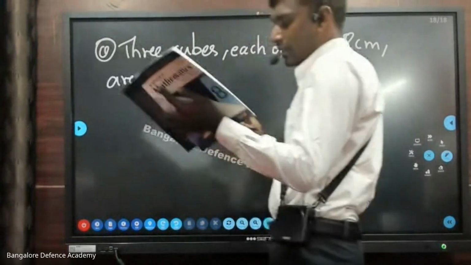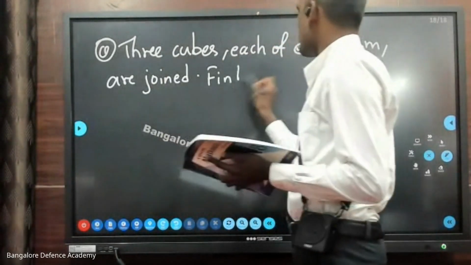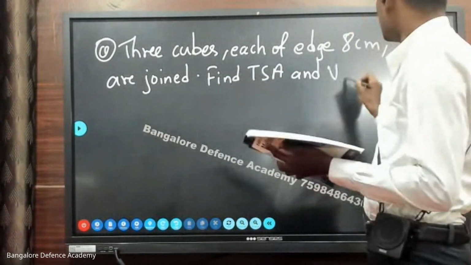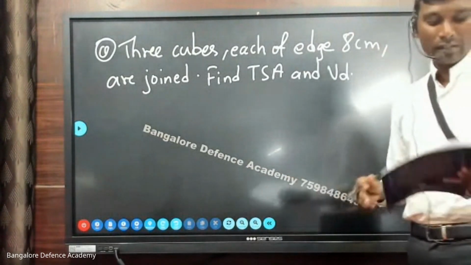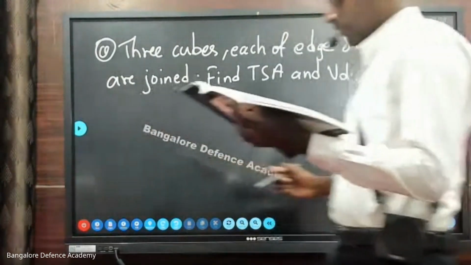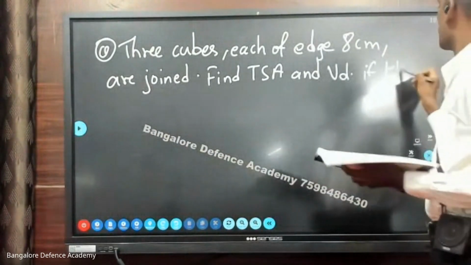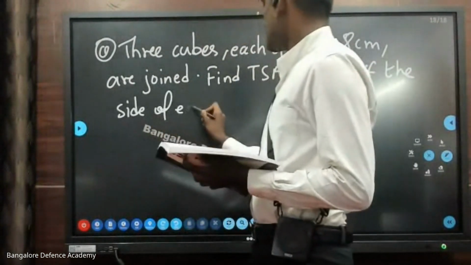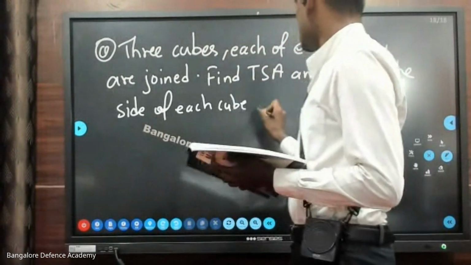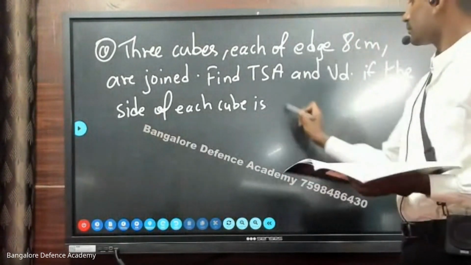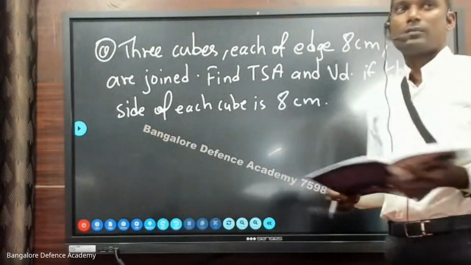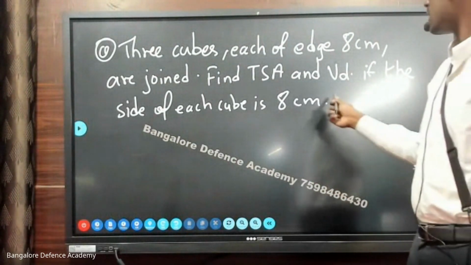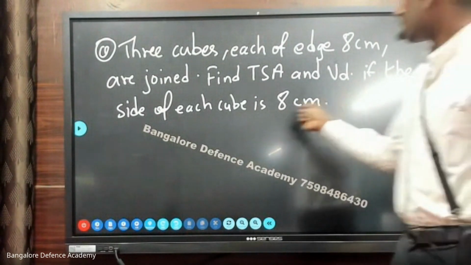Find the total surface area and the volume if the side of each cube is 8 centimeter. Did I write it? Okay, fine. Okay, cancel this.